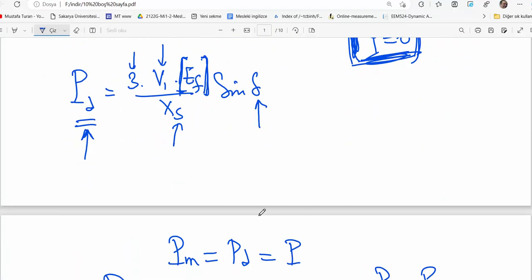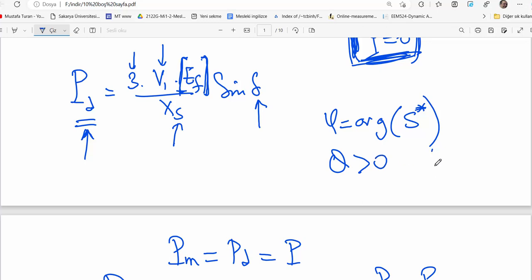I mean, phi is the argument of the complex conjugate of complex apparent power, because if reactive power is positive, phase displacement is negative.